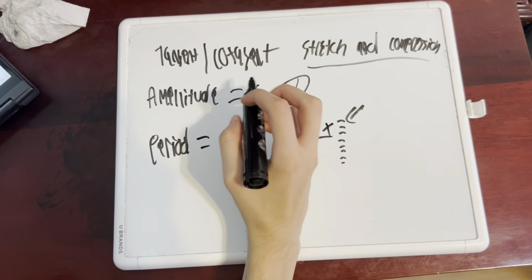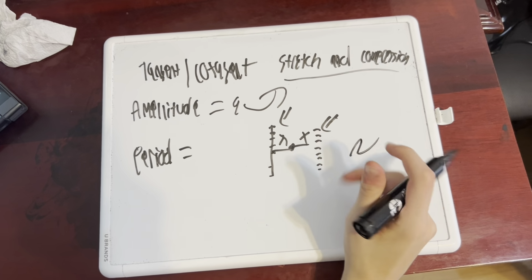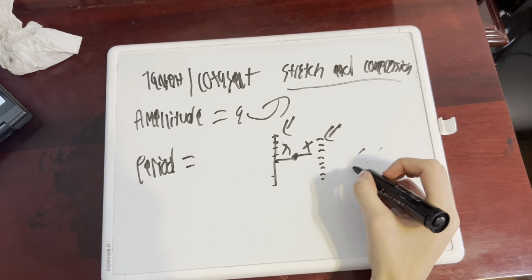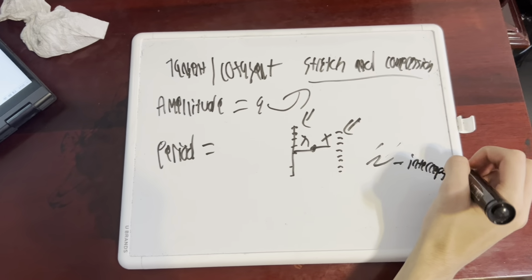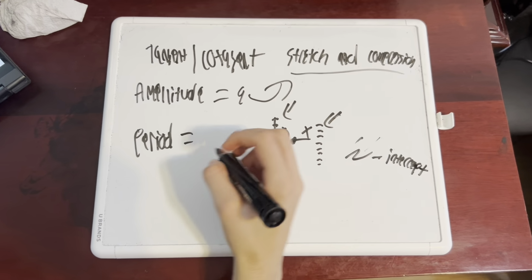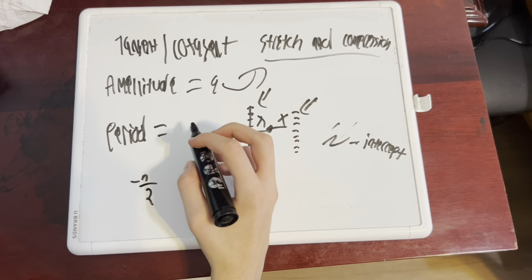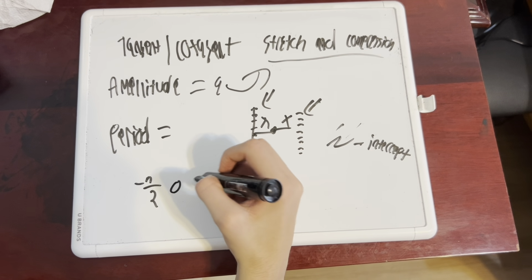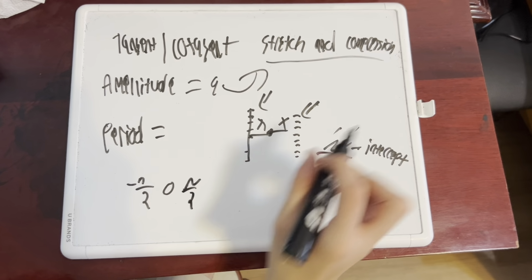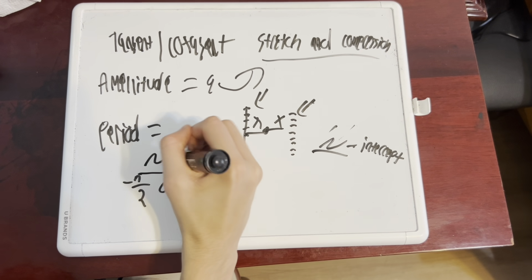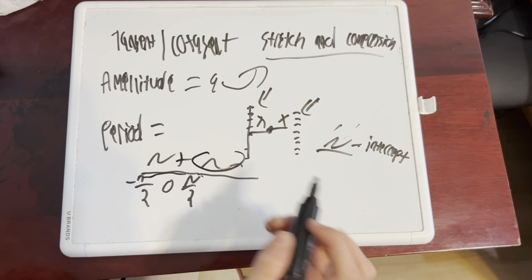Our initial period for our parent graph does not end at pi for our intercept, because we had negative pi halves, then 0, and then positive pi halves. But you can see that the period is pi, because you're adding pi for each point. You get for each point, you can see that the period is pi.